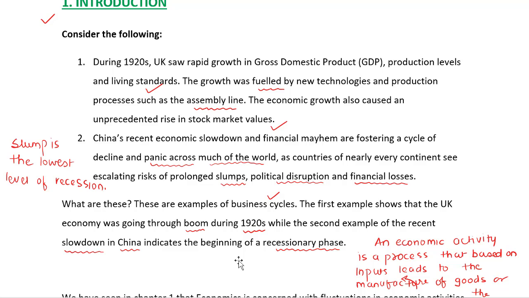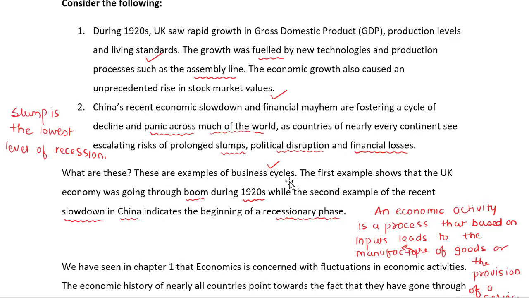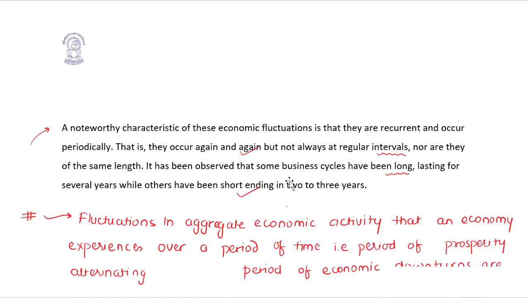After that, we shifted to the introduction. We had seen certain conditions. An example of the slowdown is China. We have also seen the increase in the level of standard of living. An example of the stock market.